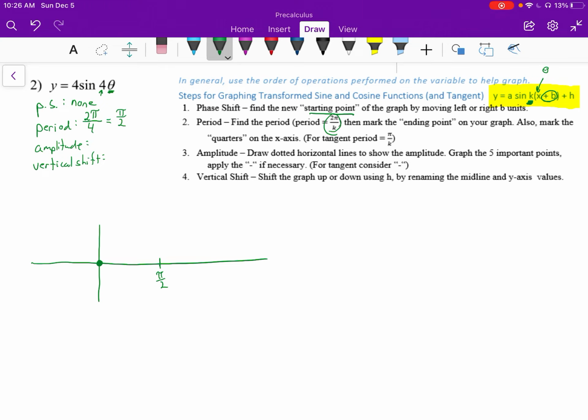And then we're going to split it into 4 sections. We're going to split it into the quarters. So we split it in half, and then we split each of those halves in half. You don't always have to find these different points in here. I would like you to at least find the halfway point, which I wrote wrong.